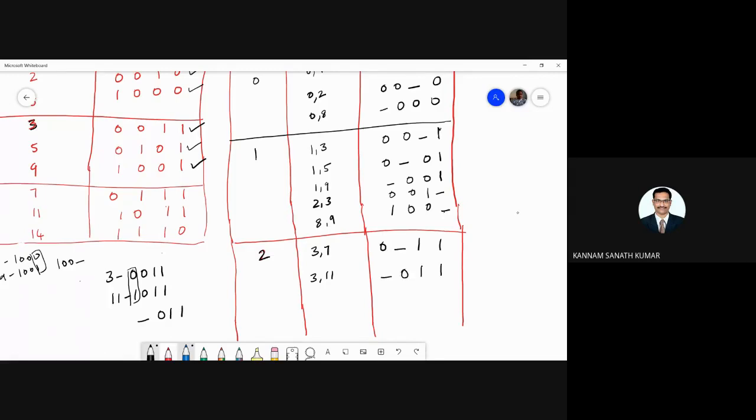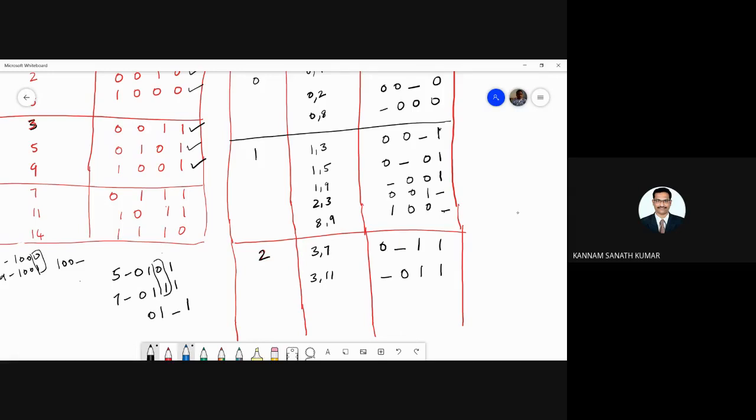Okay, so next 5 comma 7. What is 5? 5 is 0 1 0 1 and 7 is 0 1 1 1. So it differs by 1 bit. So you can write 0 1 dash 1.